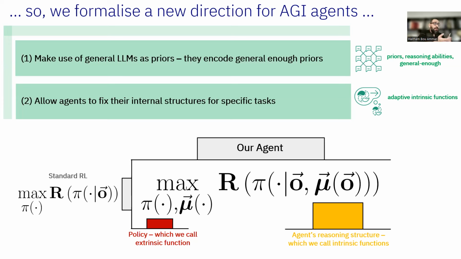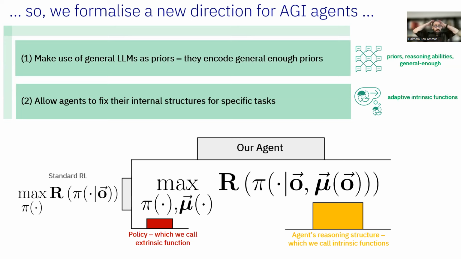And the policy pi is now a large language model because we want to have these priors in it, or it could not necessarily be a large language model. It depends on what your task really is. But that policy we call the extrinsic function, because what it's really doing is taking actions in the real world environment. So we have these two notions.